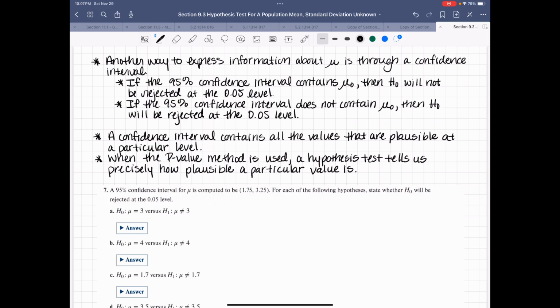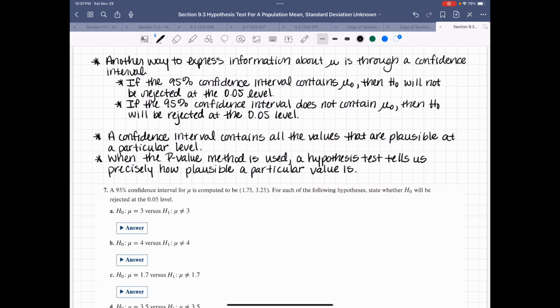So a confidence interval contains all the values that are plausible at a particular level. When the p-value method is used, a hypothesis test tells us precisely how plausible a particular value is. That's just a definition of the difference between what a confidence interval does and what the p-value method does.